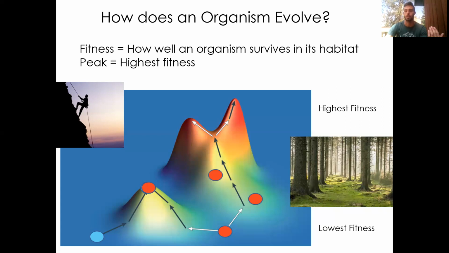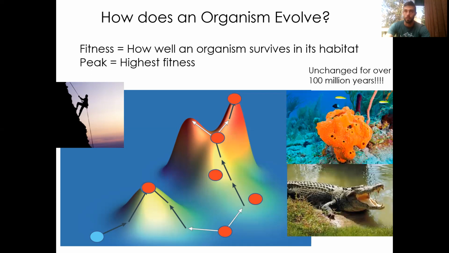All right, and so it'll slowly keep working on that and tinkering with it until it gets to be the most optimal place it can be in that environment. That doesn't mean that blue is less evolved than red. That means that blue is perfectly evolved for its specific environment.